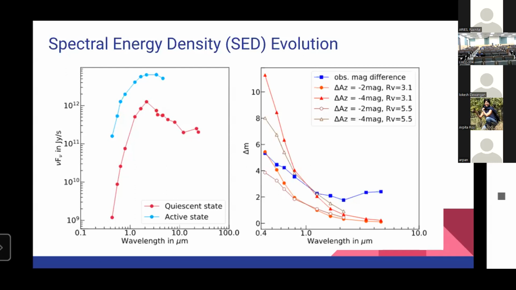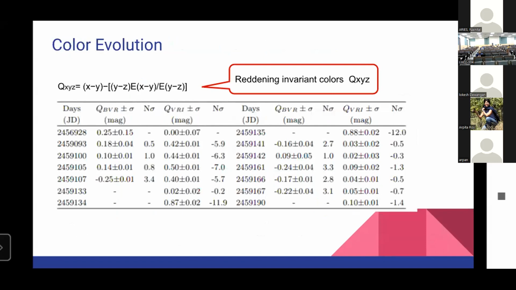So we also performed this color evolution using the reddening invariant colors. The reddening invariant colors have a generic form, as you can see by the equation, and as it is a weighted difference of the two colors, it is invariant to the change in extinction. Any change in the color which is statistically significant, of around 5 sigma, tells us that the present change in the ACD is not due to the change in extinction, but due to other phenomena like accretion, or the change in accretion.